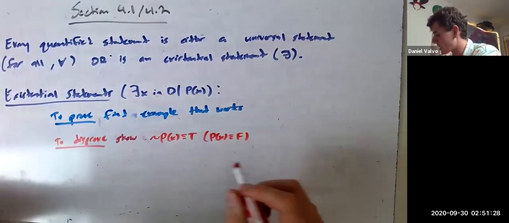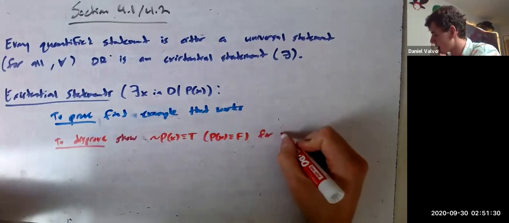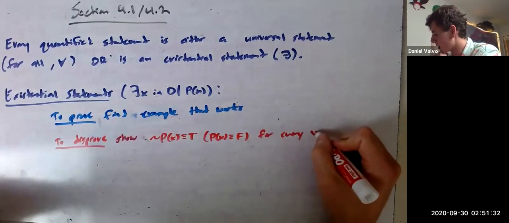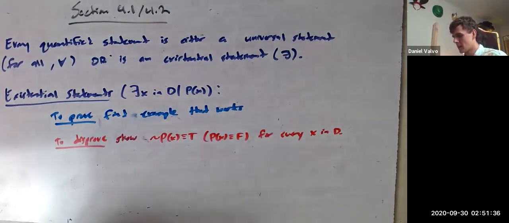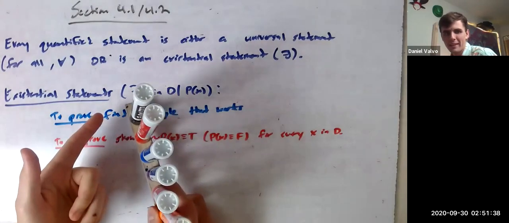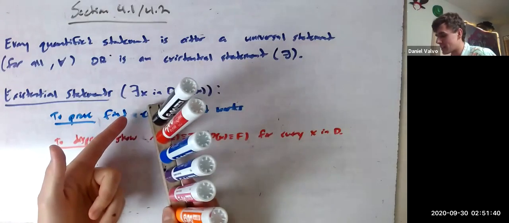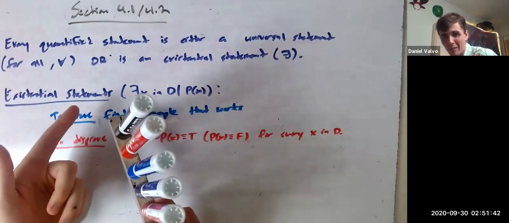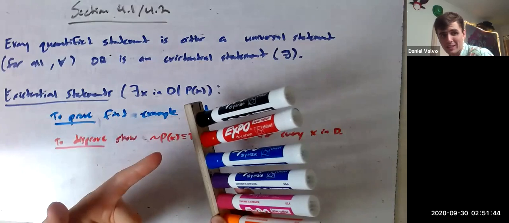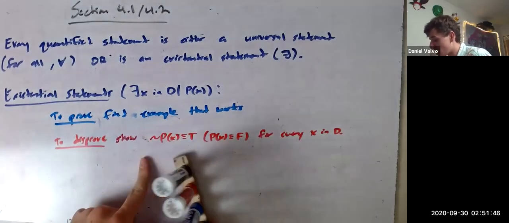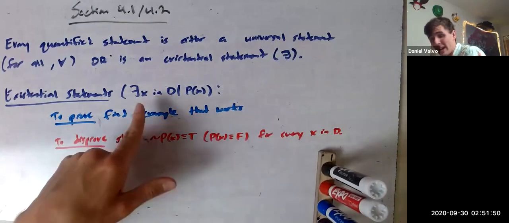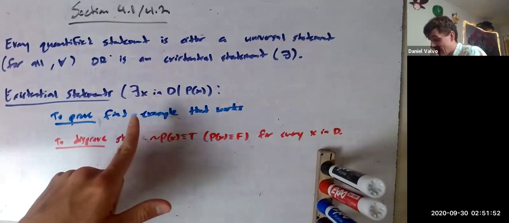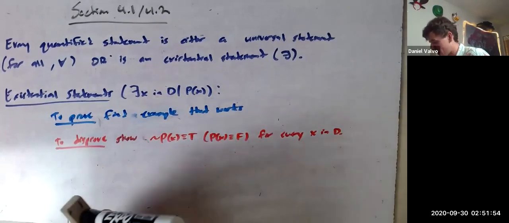Oh, it's not P of X being false for every X in D. Because remember, the negation of this there exists statement is for all X in D, we don't have P of X, the negation of P of X. So to disprove, we need to show that P of X must be false for every X in D. The opposite of there existing one X in D where P of X works is for every X in D, P of X won't work.